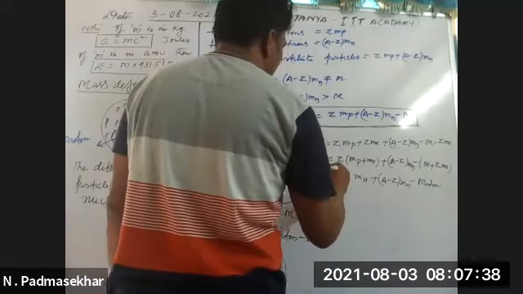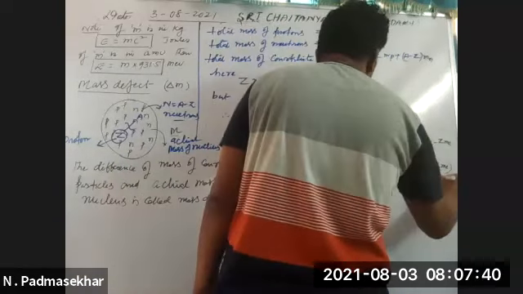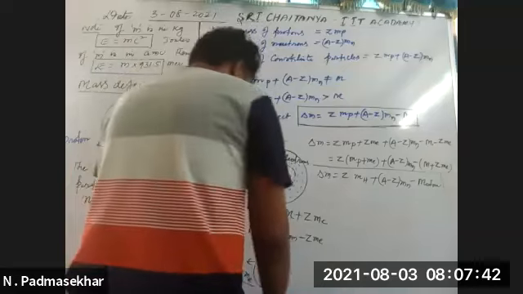So this is delta M, the mass defect in terms of the mass of the atom.